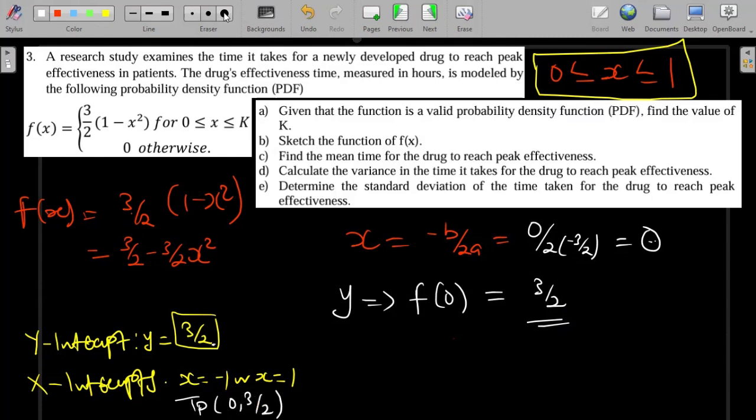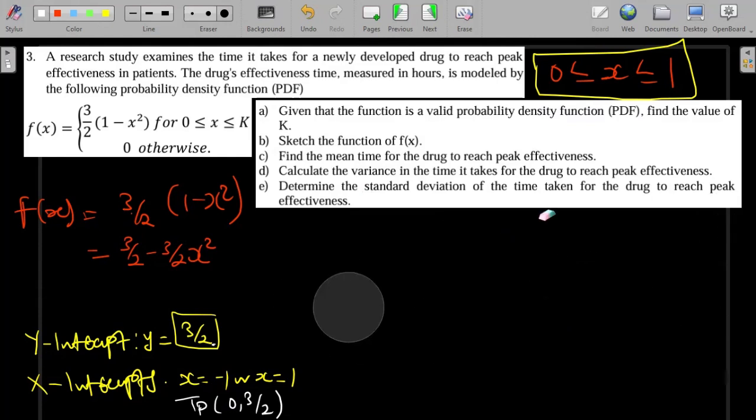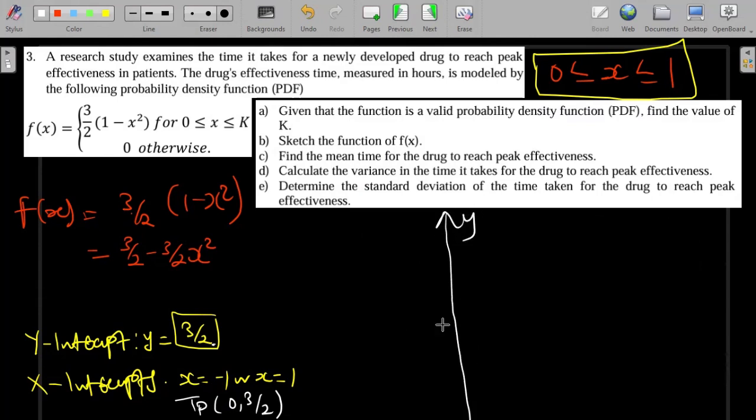Right, and from there now we can sketch this function. Let's write our y-axis here, and then we can put our x-axis there. Remember, we are drawing this curve in this range. If I have 0 there, 1 can be somewhere there, and -1.